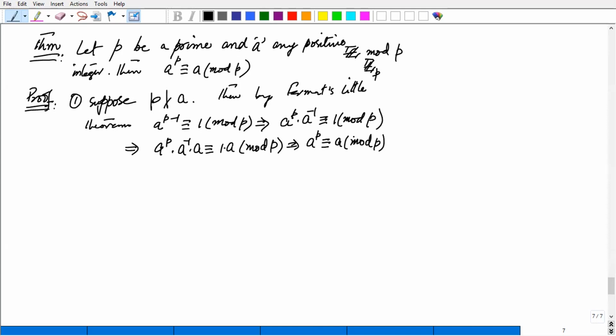So this is the case when p does not divide a.